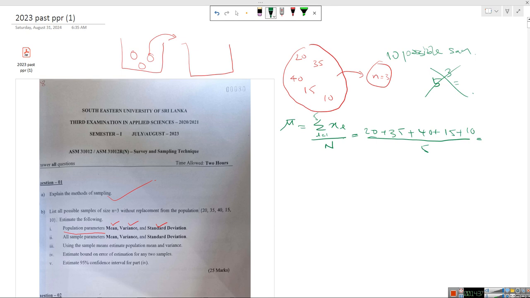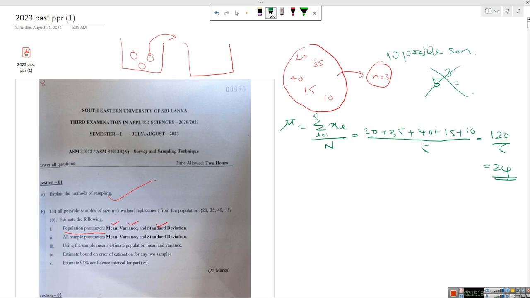Let me just do it, and along with me you also can do the question and verify your answer with mine, right? So this is 120, I'm sorry, 120 divided by 5, it gives you 24. So 24 is the mean of this population.